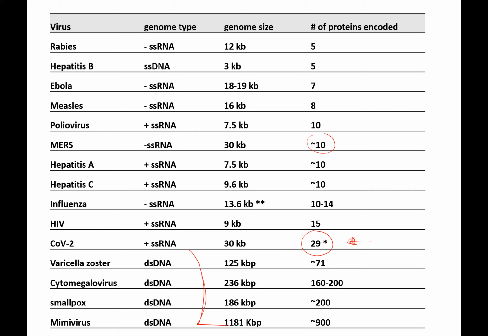So hopefully from this chart, the point is you can see why viruses would depend upon their host cell or host factors, because they just don't encode a lot of their own proteins. They encode the bare minimum to make a virus, but not everything else that's needed for replication and assembly.